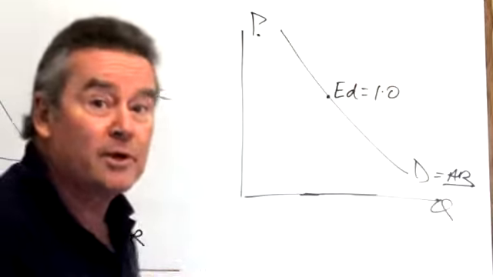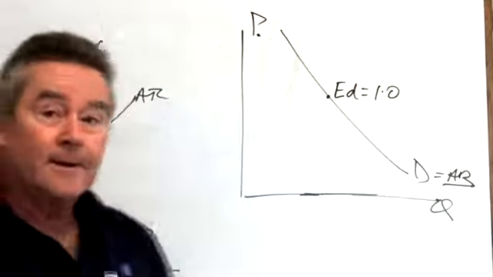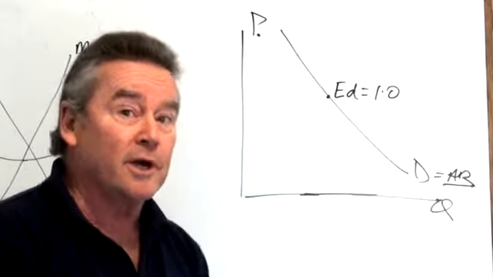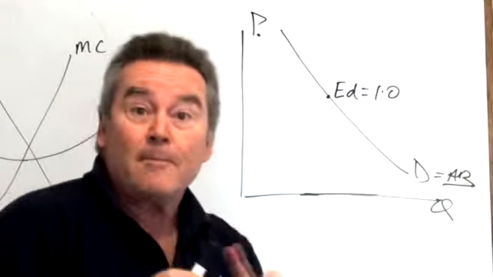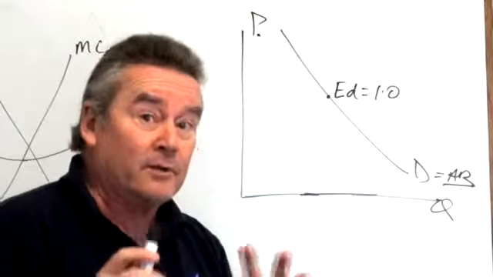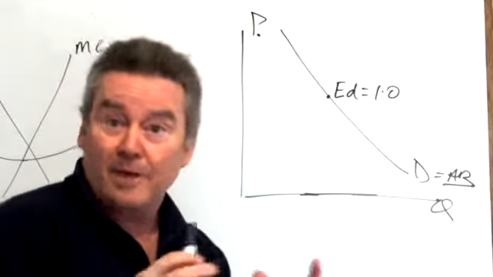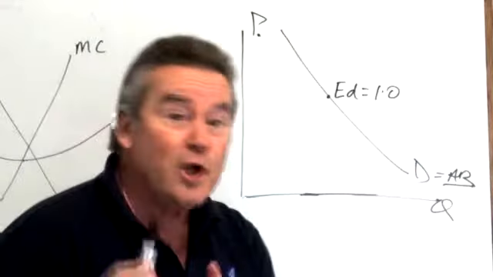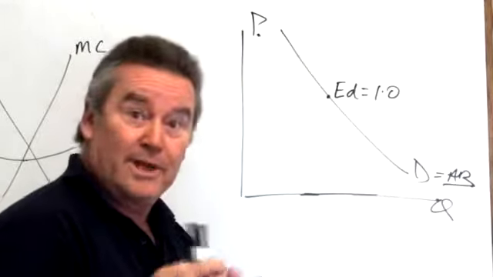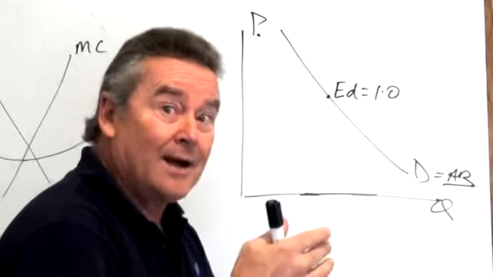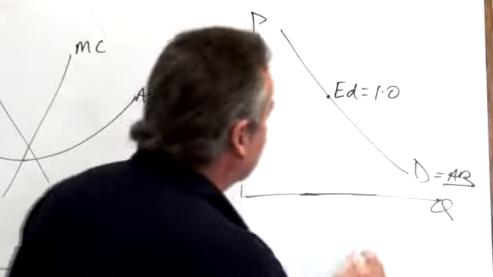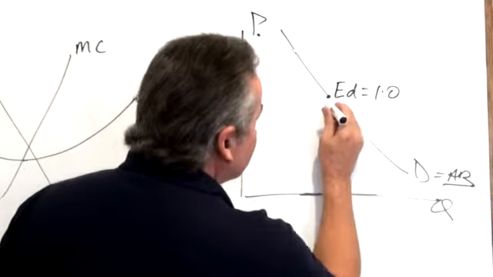Now remember what that means. That means quite simply that the percent change in Q equals the percent change in P. Now that would mean that irrespective of the price change, the magnitude of the change in Q is the same, and there's no change in TR. Well, if there's no change in TR, that must mean that MR is 0.